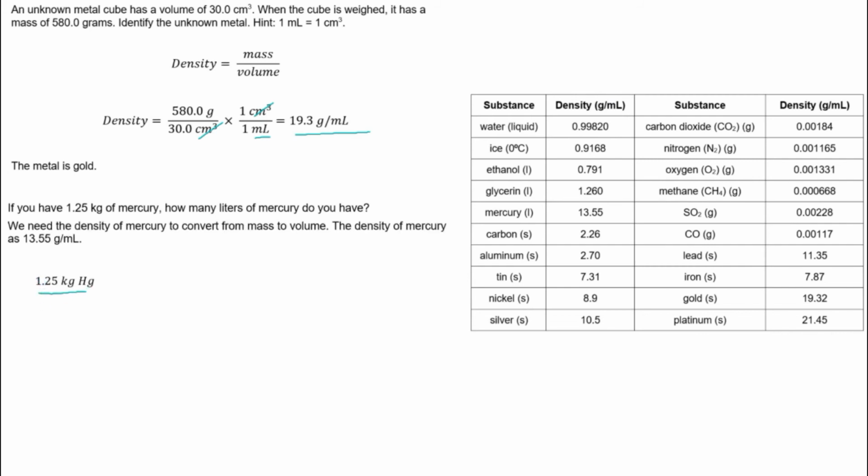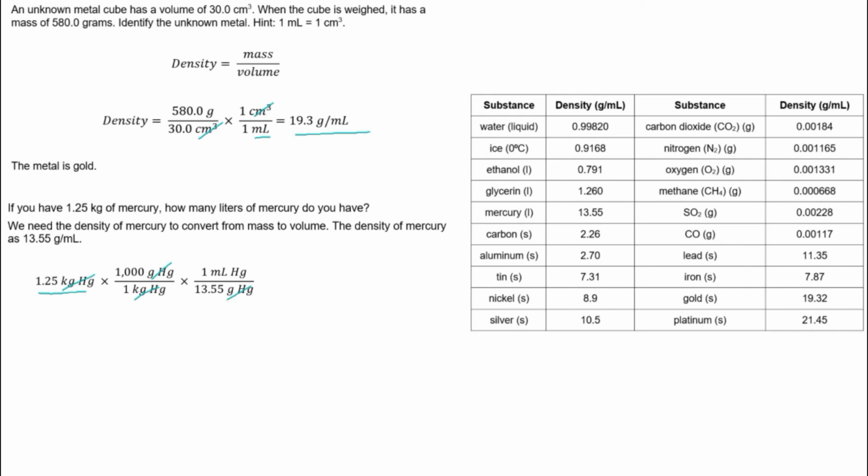So it looks like we're going to have to do some unit conversion. Starting with our 1.25 kilograms of mercury, let's first convert this to grams so we can use our density. So here is our kilograms to gram. Now we can use our density to figure out our volume. So here is our density of mercury. Again, I got this from the table. Make sure your units cancel. You notice I put my 13.55 grams in the denominator.